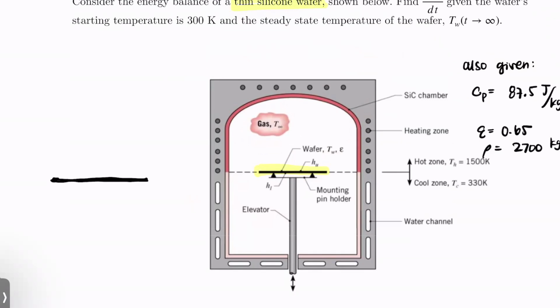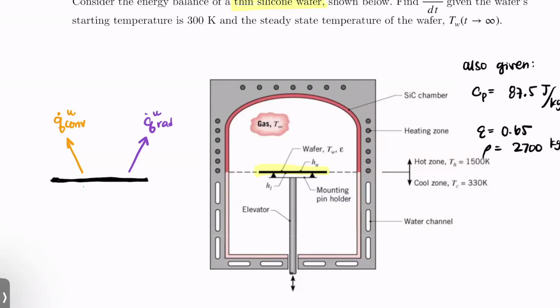So I'm going to make this color coded. I'm going to call this Q dot convection upper. So that's what this little U is going to mean. And we're also going to have Q dot radiation with a superscript U to indicate upper.